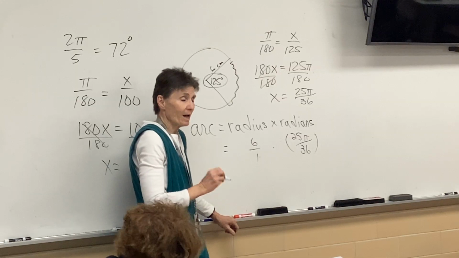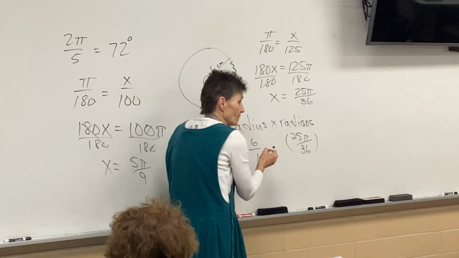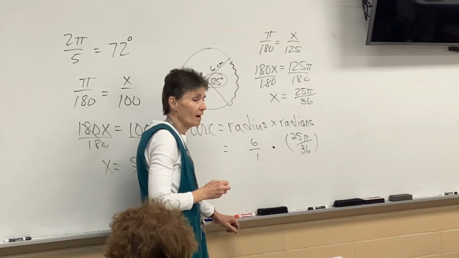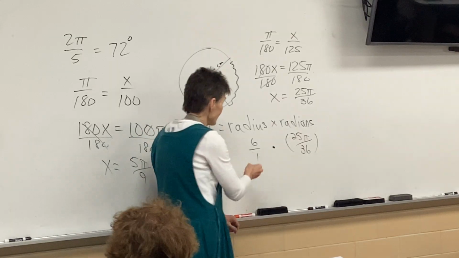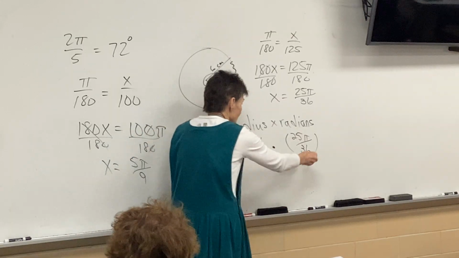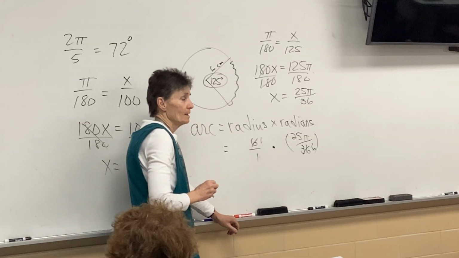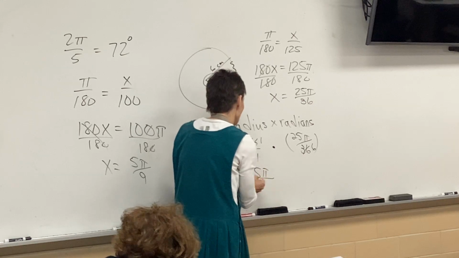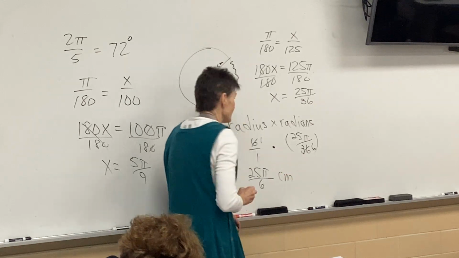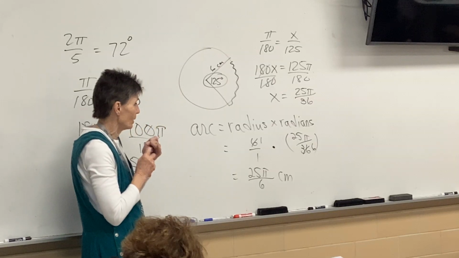We've talked about this a lot the last couple days. In a multiplication, we don't do a common denominator, but we can cancel if we can. So see that 6 right there? He's going to cancel into that 36. We're going to end up with 25 pi over 6 centimeters, because that's the original number.